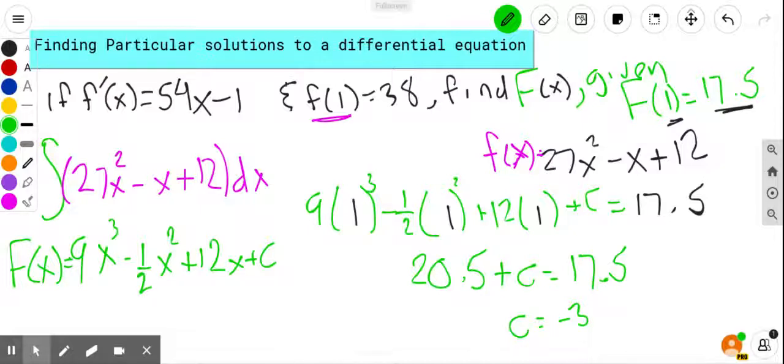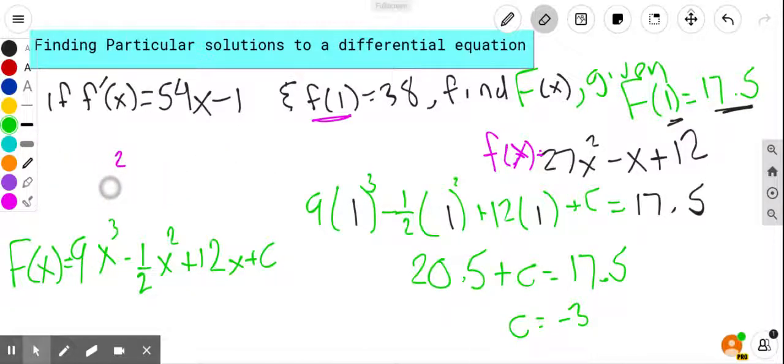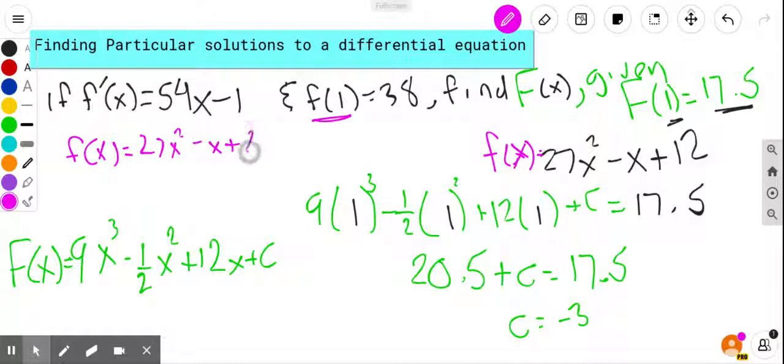Okay, so I think I have enough information to talk about the integral I found. So let's recap. Based off the fact that the derivative of lowercase f was 54x minus 1 and that lowercase f of 1 equaled 38, I was able to find that its integral for this particular solution should be 27x squared minus x plus 12.